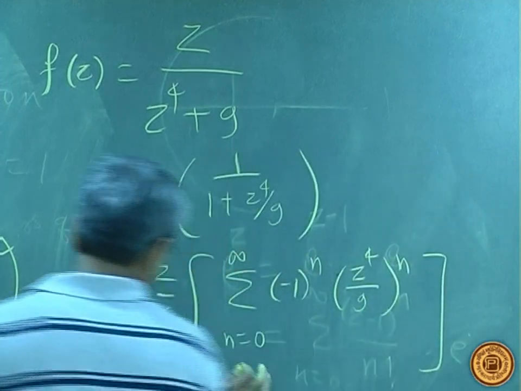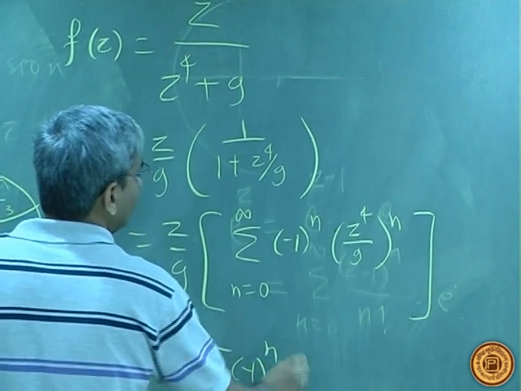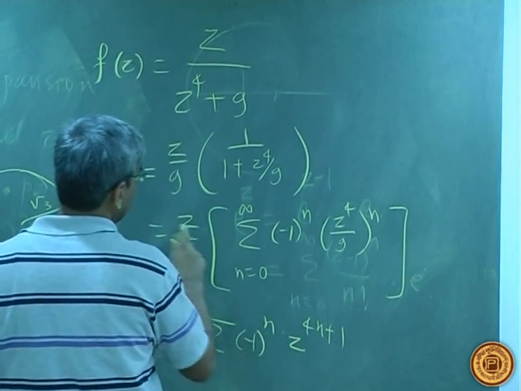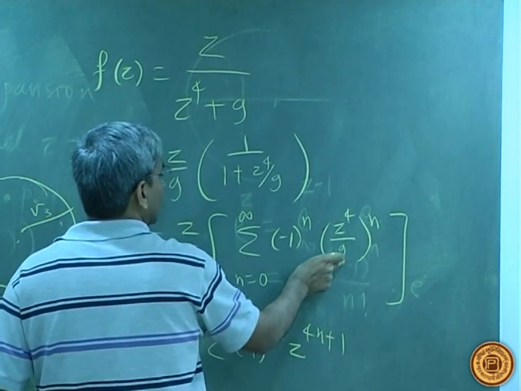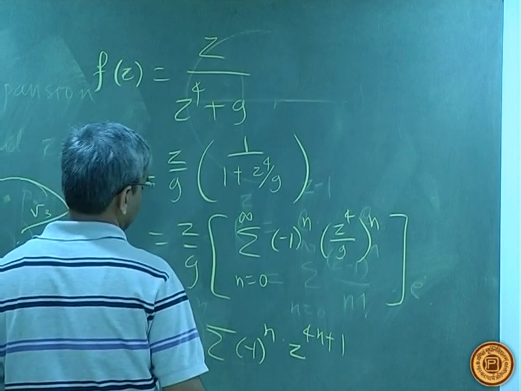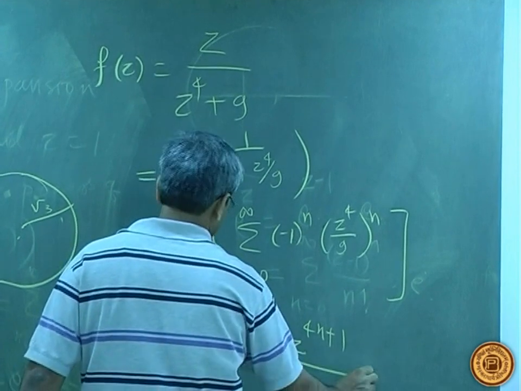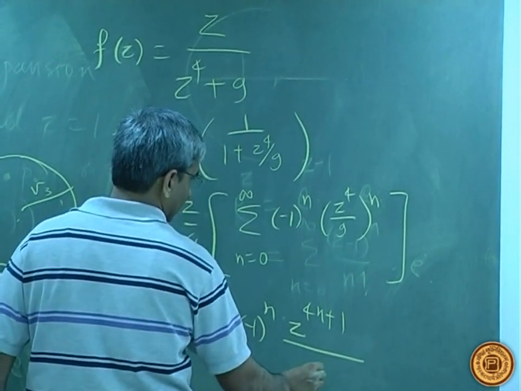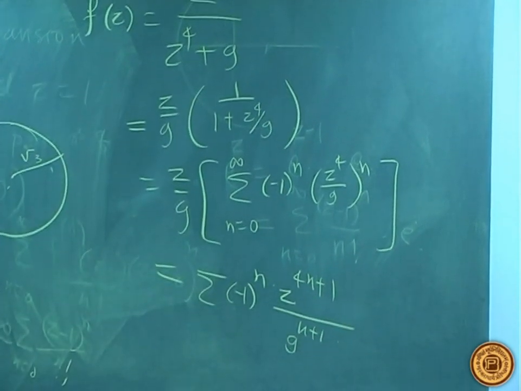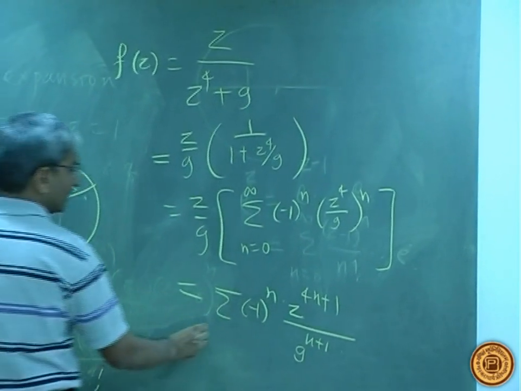So this is minus 1 to the power n z raised to 4n plus 1 upon 9 raised to n plus 1, n from 0 to infinity.